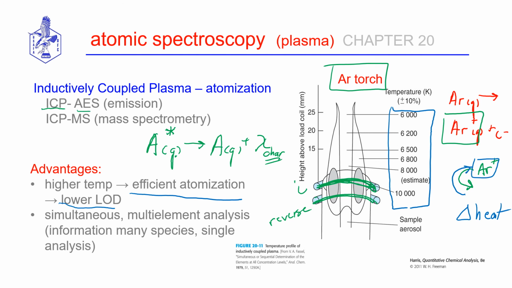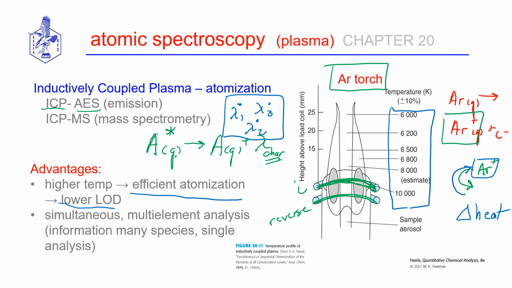Okay, atomic emission spectroscopy is one in which we just use as a detector. We are going to detect these characteristic wavelengths from a bunch of different elements. So element number 1, element number 2, element number 3.